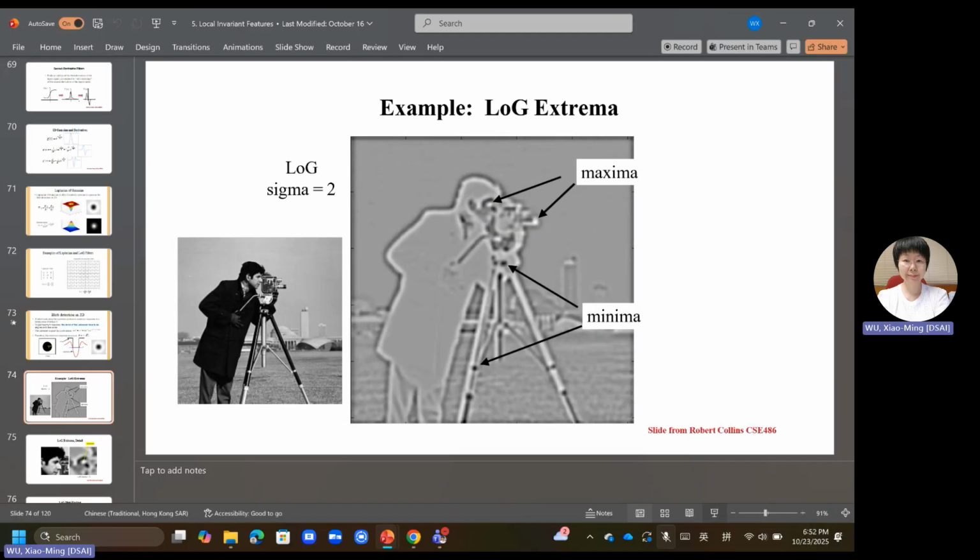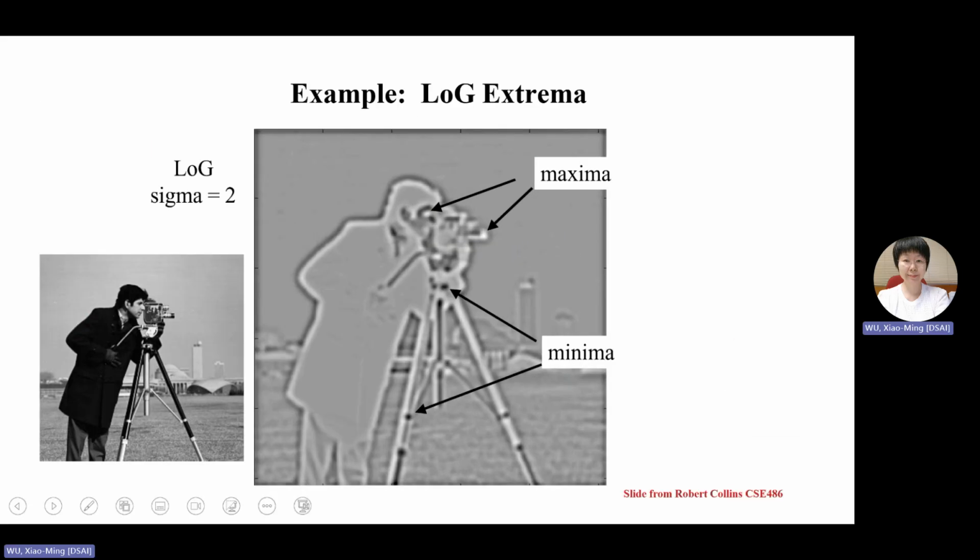So the maxima is achieved at the eye region, because the eye is a black blob. And also here, there's a black blob here.